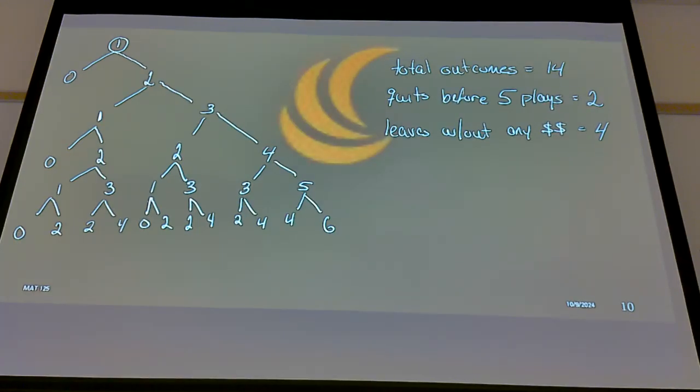And that was an easy counting problem. I don't think we get into combinations and permutations in this course.